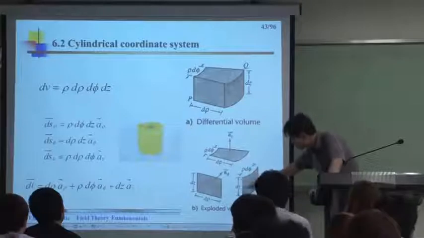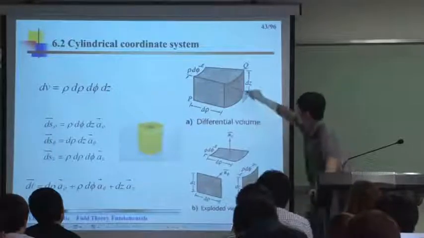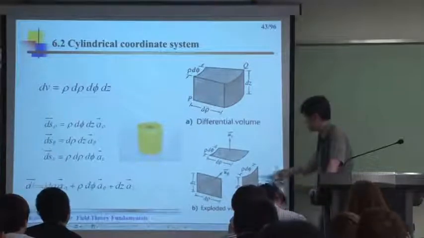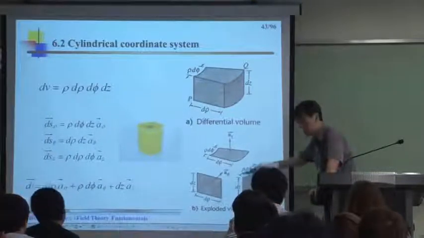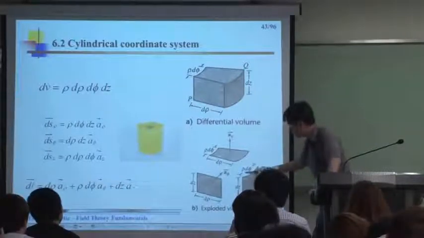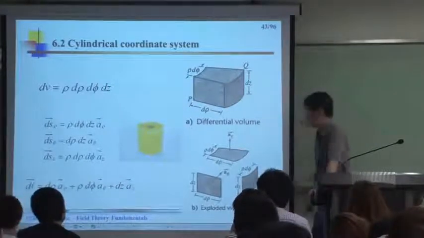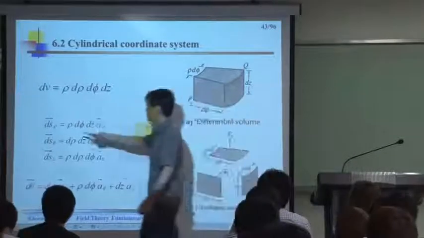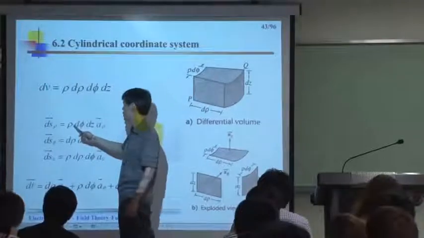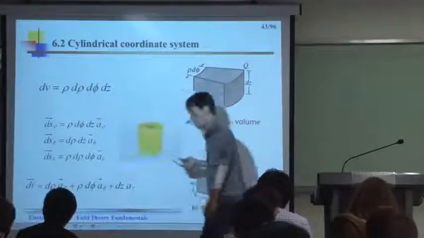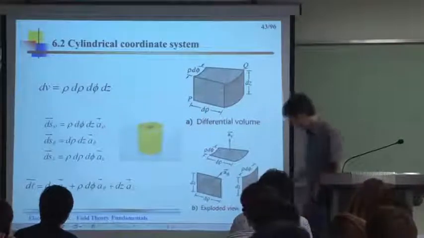From here to here is dz. I'm talking about this surface. So dz, and the arc length is rho d phi. As you multiply these two numbers, you get the area. So ds rho is equal to rho d phi dz, and the direction is normal to the a rho direction.